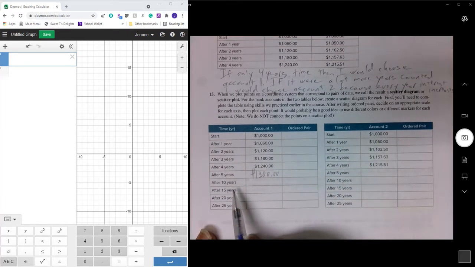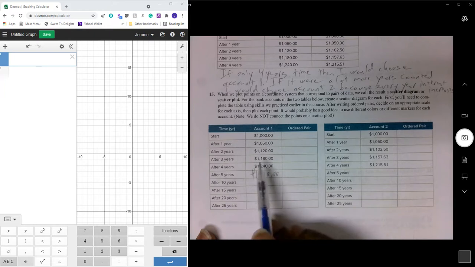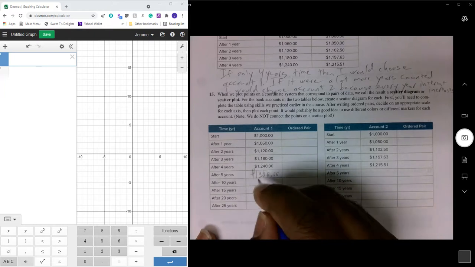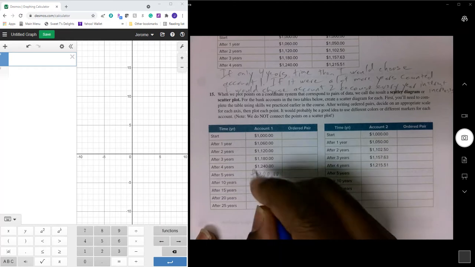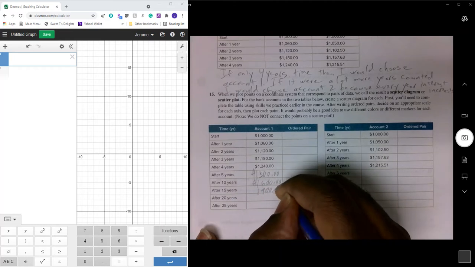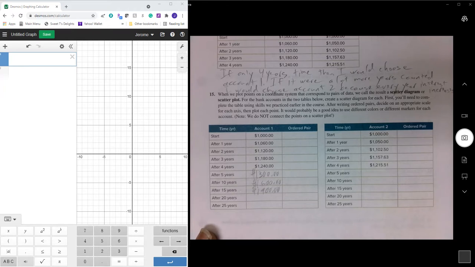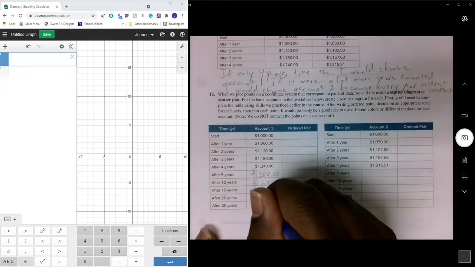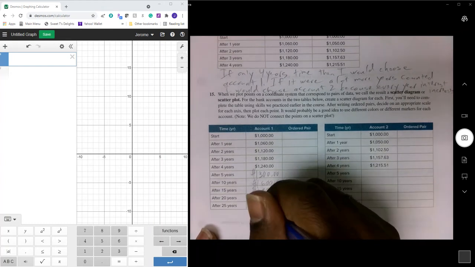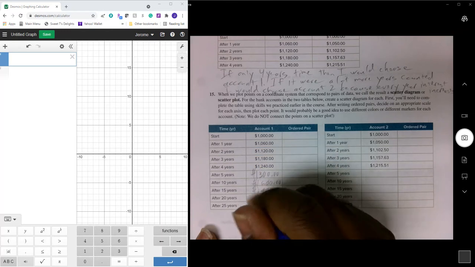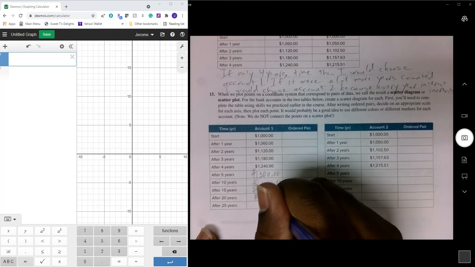Then we have to do 10 years. 10 times 60 would be 600 more, so that would be $1,600. 15 times 60 would be $900, which takes it to $1,900. In 20 years, that'll be 1,200, so that'll be $2,200. And 25 years times 60 will give you $1,500 plus the 1,000, which will be $2,500.